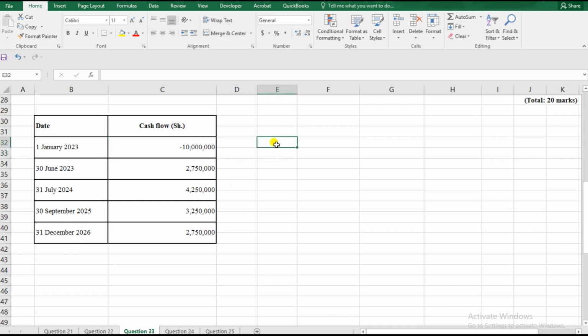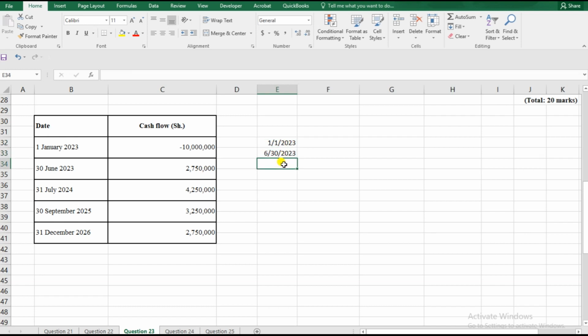I'll be having, of course, month. So 01, that is 01, 2023. I'll be having June, that is 6th, that is 30th, 2023, right? In this case, I need to have them in date function, correct?